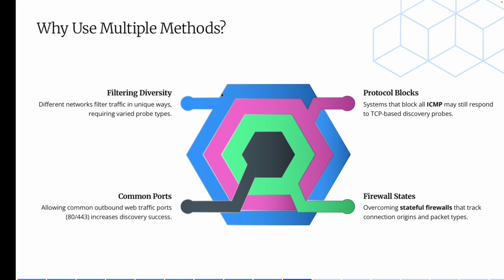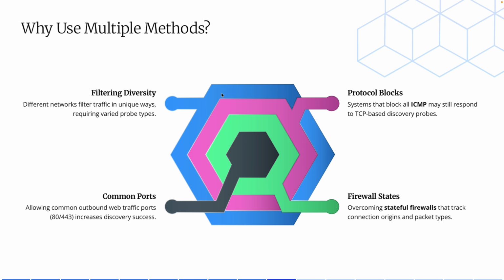So why use multiple methods? Different networks filter traffic differently. Some, like ICMP, as I explained to you, ICMP echo request is the most unreliable because it's blocked by many routers and firewalls, specifically by the Windows firewall.